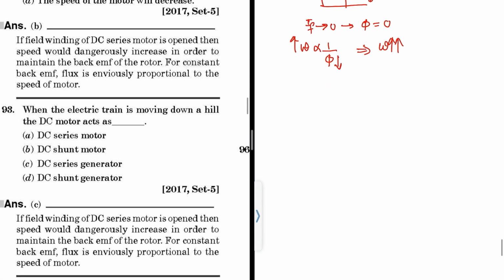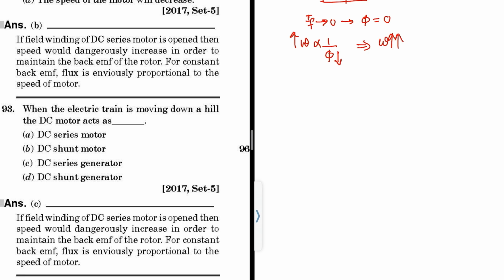Next, coming to question number 93. When the electric train is moving down a hill, the speed will be increasing. E is proportional to speed, and speed is increasing, so E will increase. So when EB is greater than V, what will happen?